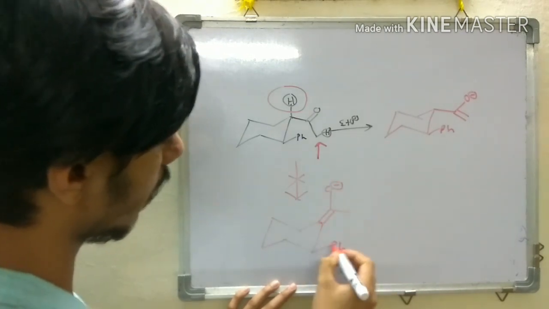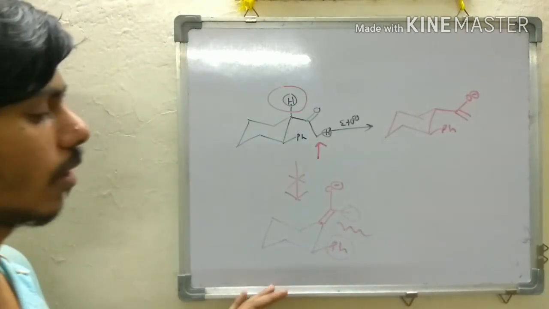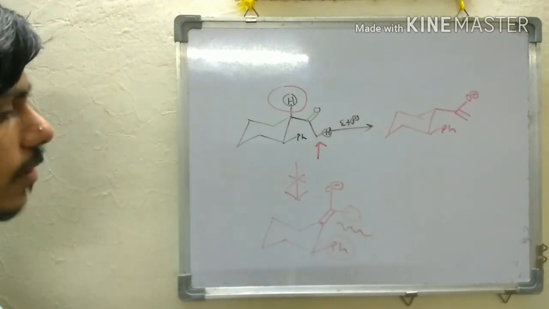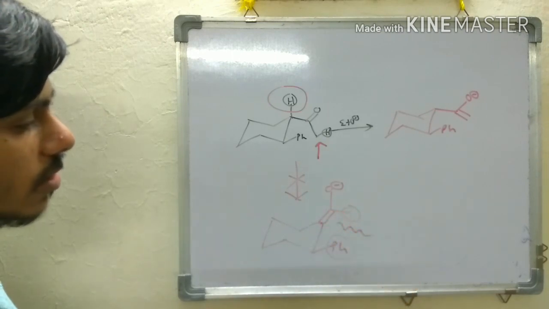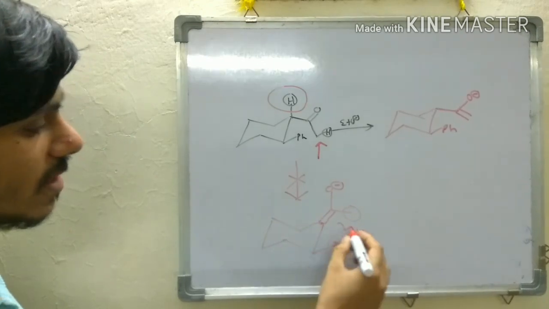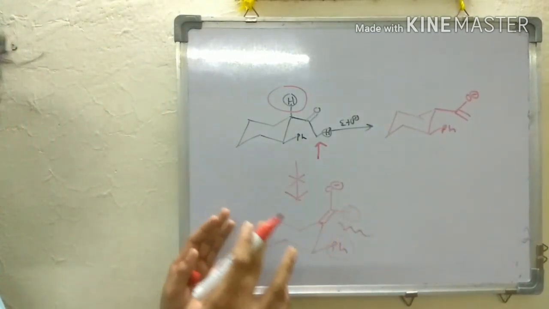So you will never get this because of this 1,3 diallylic interaction. This is allyl system. So due to this 1,3 interaction, this enolate you will never get, you will always get this enolate. So this is the main concept of this reaction.